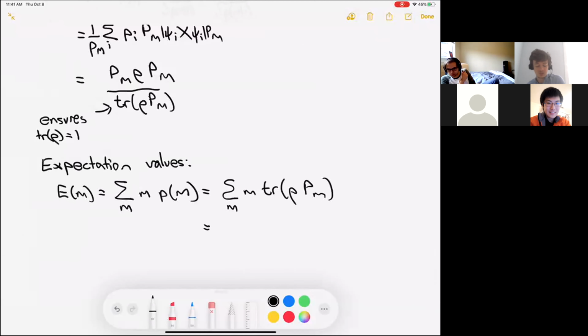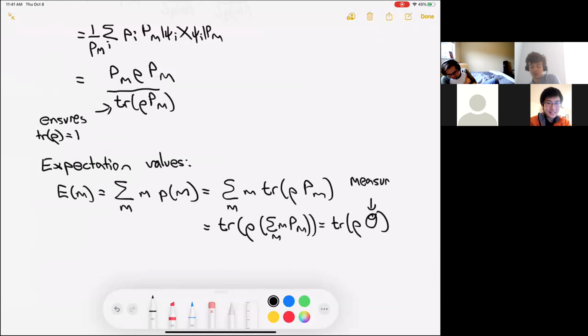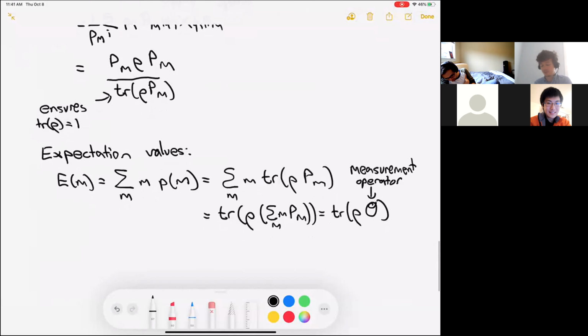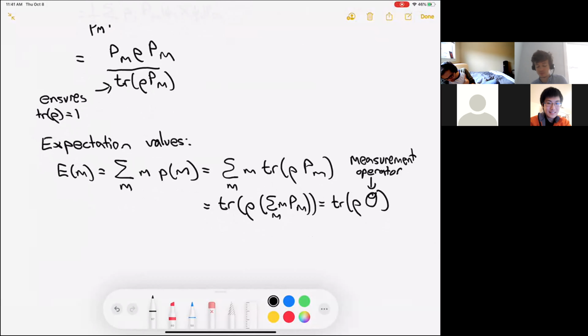Again, we bring the sum inside the trace. So this is just equal to the trace of rho times what back in the second lecture I called the measurement operator O. This is the Hermitian operator whose eigenvalues and eigenvectors describe all the outcomes of the measurement. It's a very simple rule for finding the expectation value of m for some measurement.